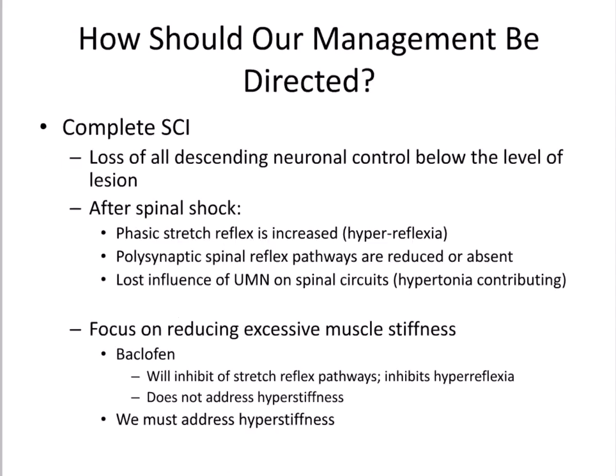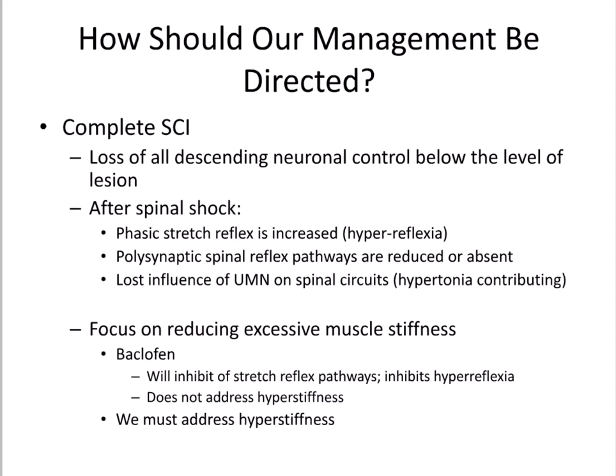And how do we treat hypertonia or hyperstiffness? In a complete spinal cord injury, there's a loss of all descending neuronal control, and after spinal shock, the phasic stretch reflex is hyperactive. The polysynaptic spinal reflex is reduced or absent, and there's a loss of influence of upper motor neuron on the spinal circuits.